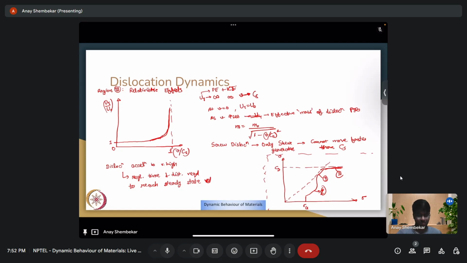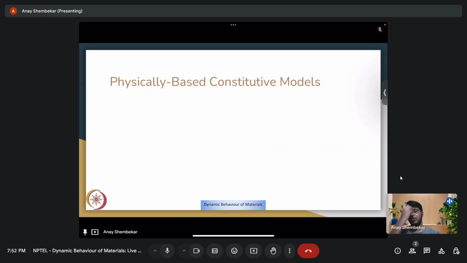Okay, this covers dislocation dynamics. The next part is on physics based constitutive models. So far we have looked at how the dislocations may move. Now what we are interested in understanding is when they encounter a barrier, how they overcome it, and what sort of microstructural conditions dictate our material response at the macro scale.